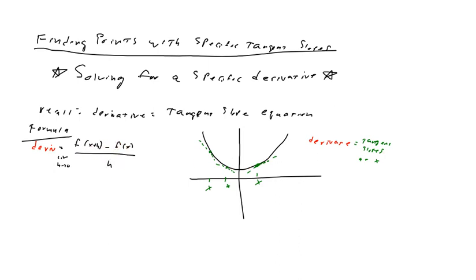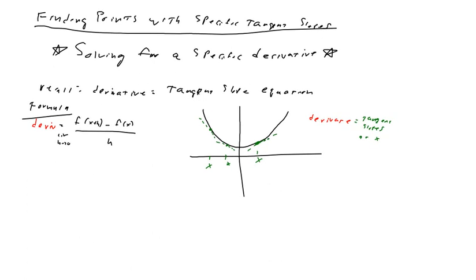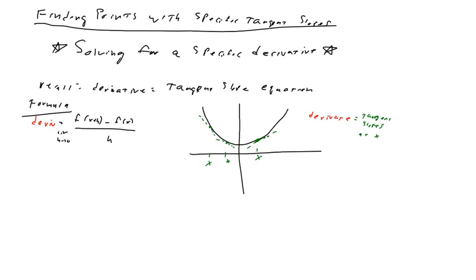What we're going to want to do is, in this case, we're not looking for the slope. I'm going to tell you the slope, and I want you to tell me where the x is.